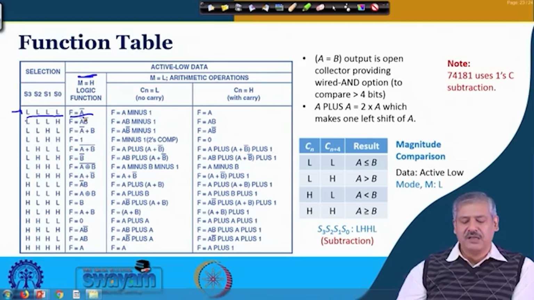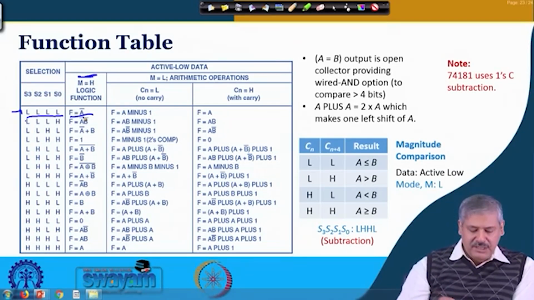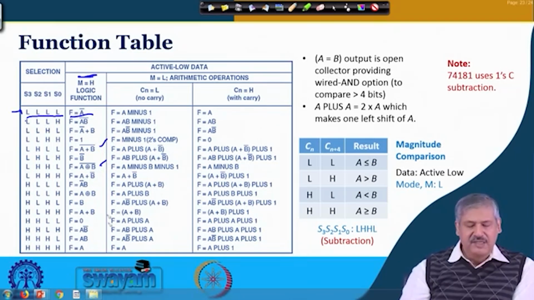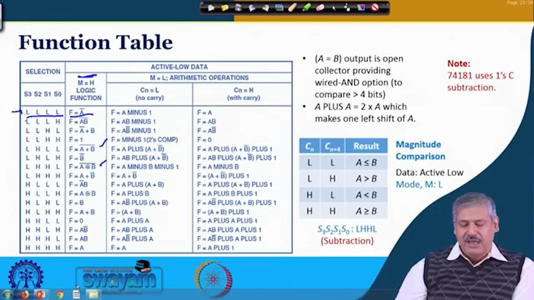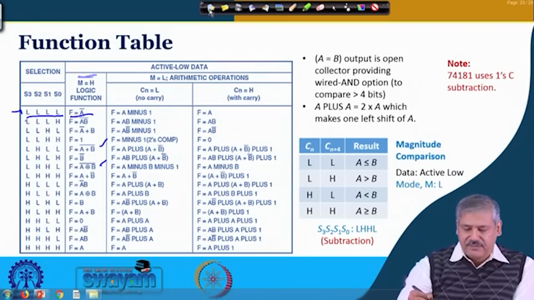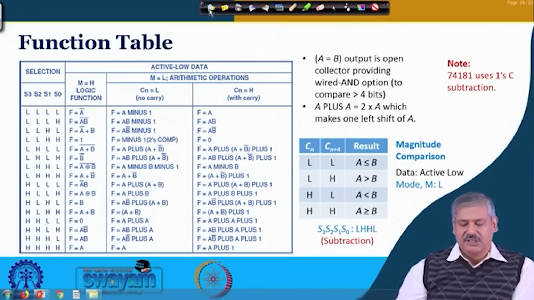Is it okay? So, the next one is similar, the different logic functions. You can see what I told, that NOR will be available, XNOR is there. So many other things are there. We shall see what they are and what their implication is. And similarly, for logic M equal to low, depending on presence or absence of carry, the meaning is different.